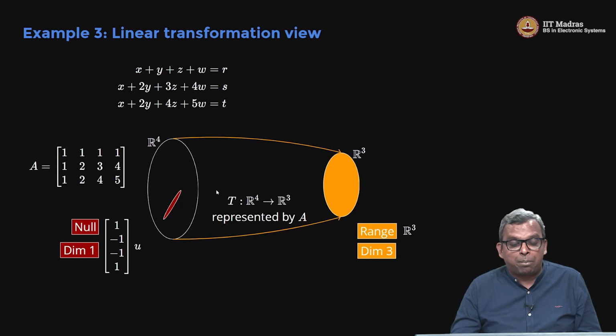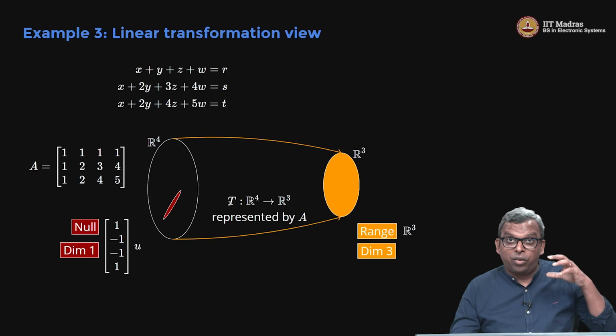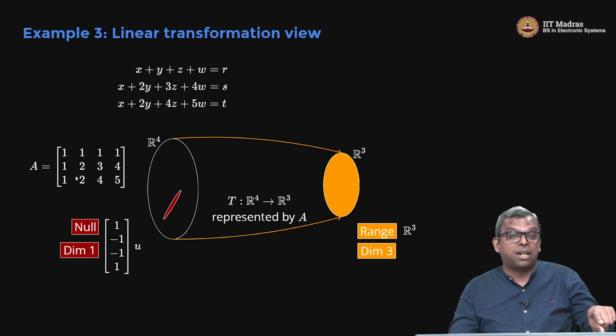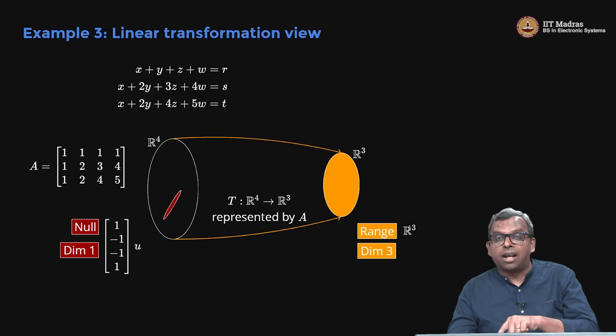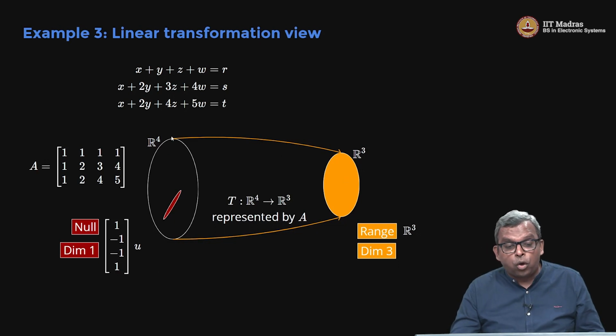What happens when you transform with T, which is represented by this matrix A? My range is the entire R3, which means the entire R4 is going to go to the entire R3. That's the picture, and I've shown that through this orangish shaded color.